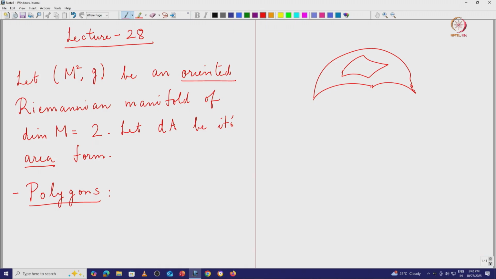Okay. So more formally, here is a definition. A piecewise smooth curve on M is a continuous function.